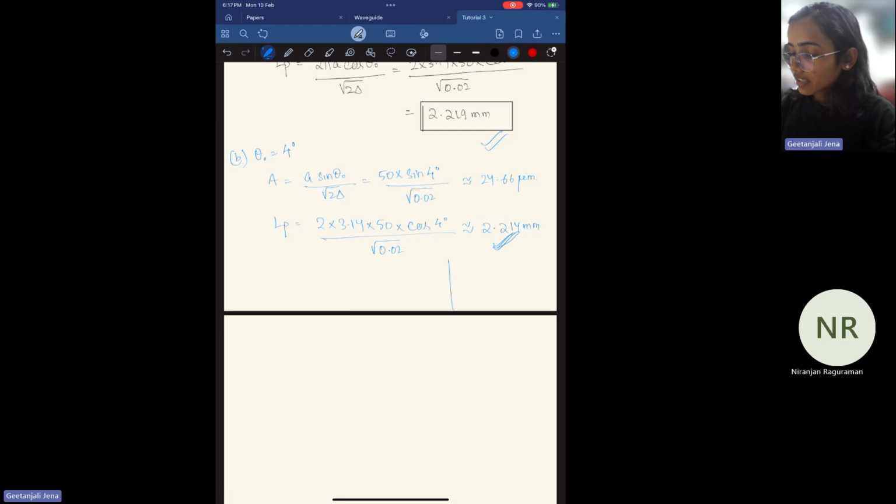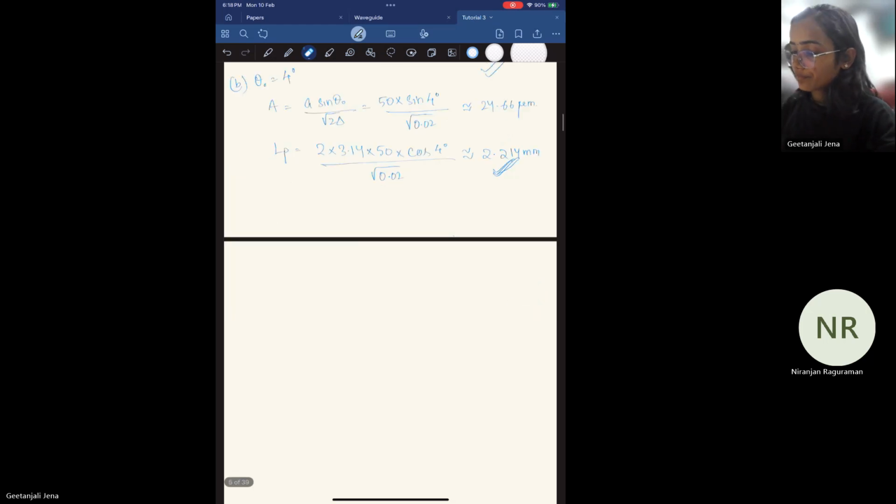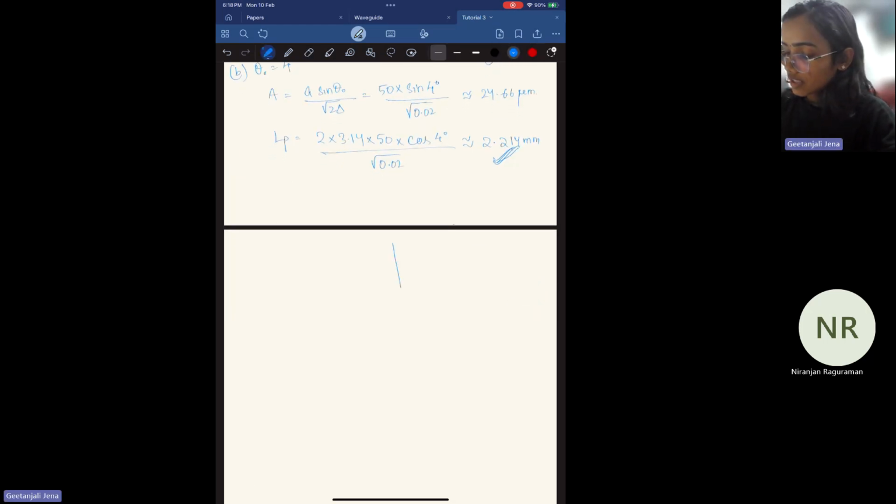So if you plot a graph for the path, it will be like this for theta 1, let us say this is for 1 degree, and for 4 degree the LP is almost the same, but the amplitude is high.